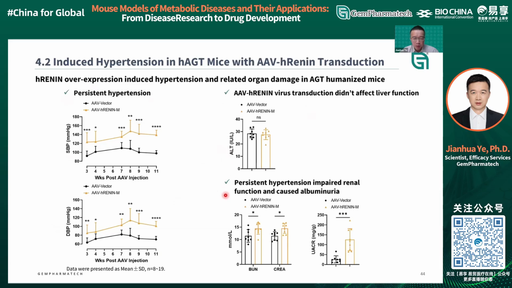We also see that the hypertension impaired kidney function and caused albuminuria. As we can see, the BUN and creatinine levels increase, and the UACR level also increases after the hypertension.